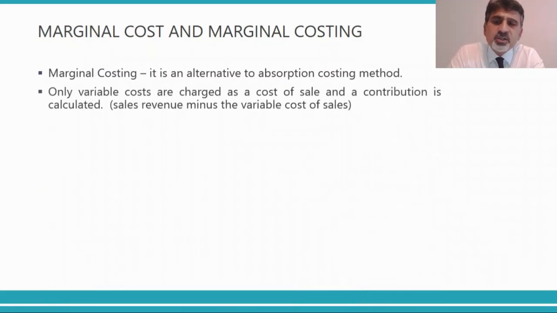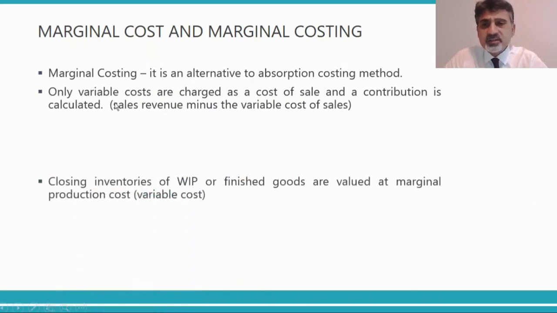In marginal costing, only variable costs are charged as cost of sales, and contribution is calculated. What is contribution? Contribution means sales revenue minus the variable cost of sales. I'm going to explain this in more detail in the next slide, don't worry. What you need to remember here is that in marginal costing, you only include variable cost.